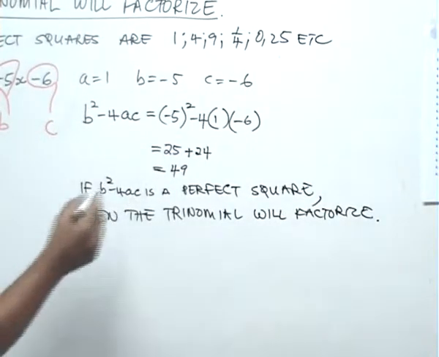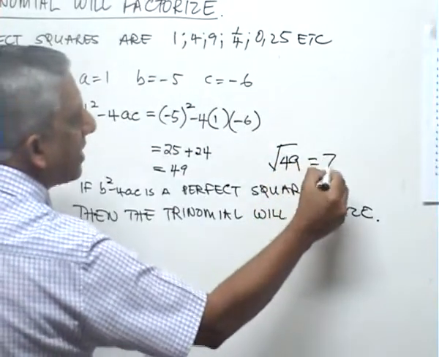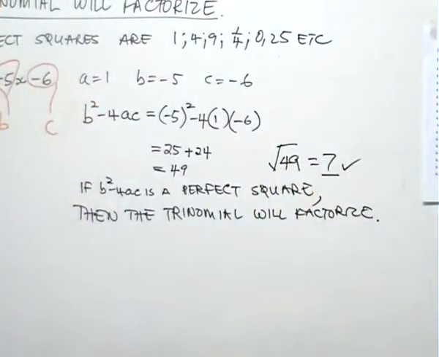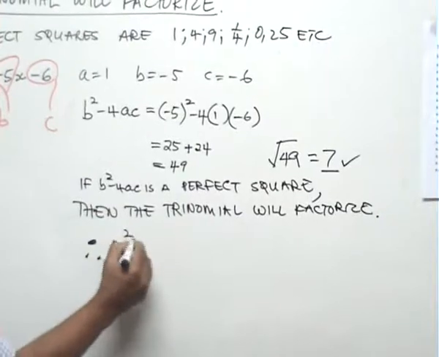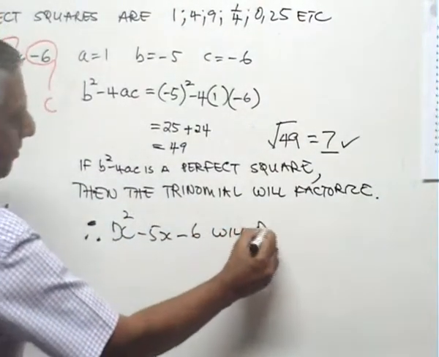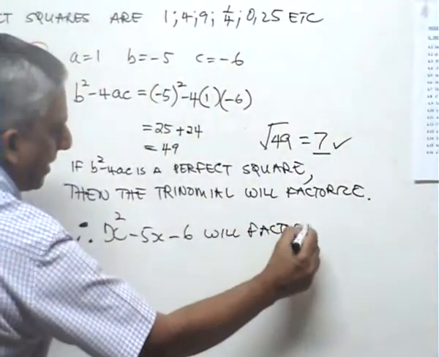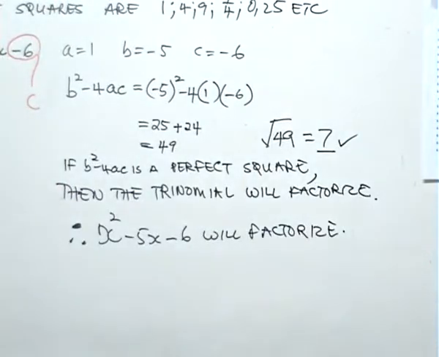If you take the calculator and find the square root of 49, you will see it gives you exactly 7, so it is a perfect square. So, is B squared minus 4AC a perfect square here? Yes. Therefore, x squared minus 5x minus 6 will factorize.